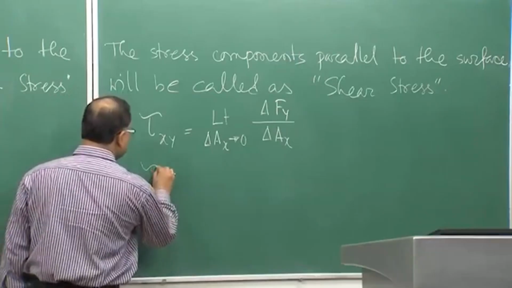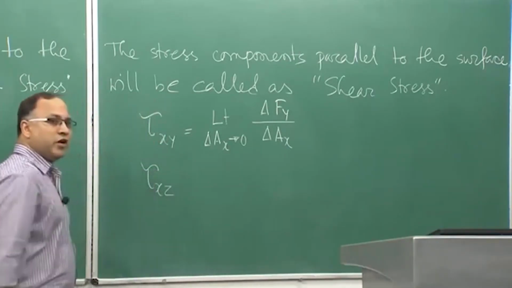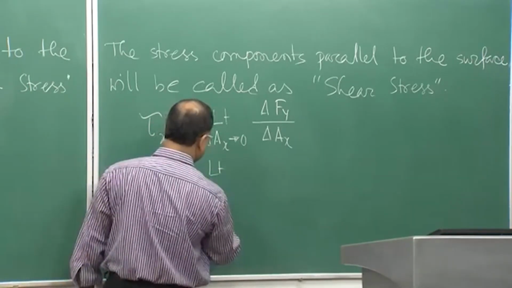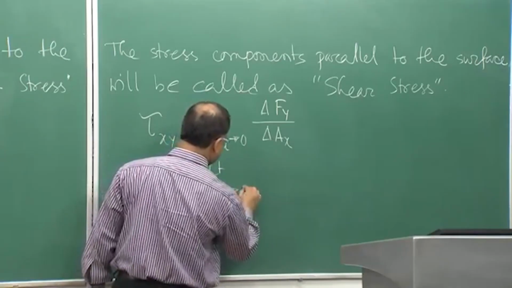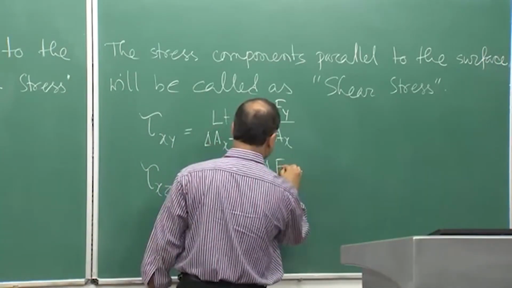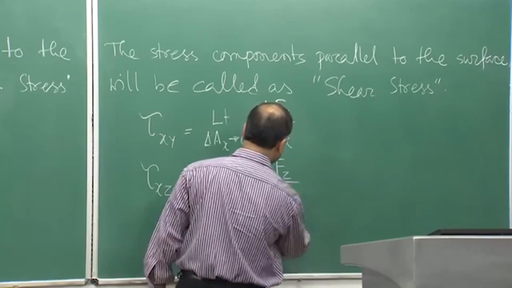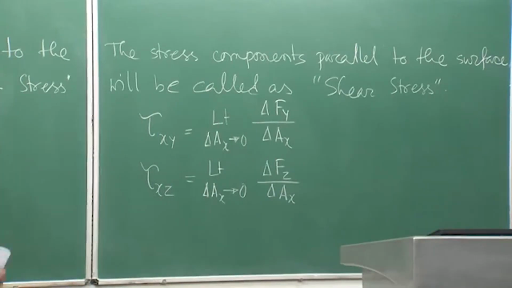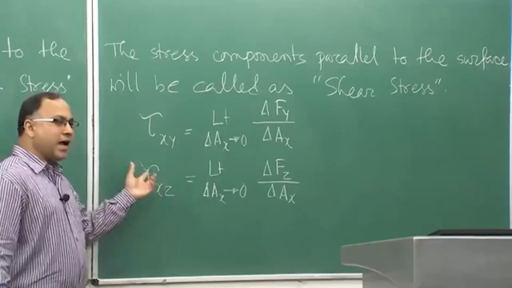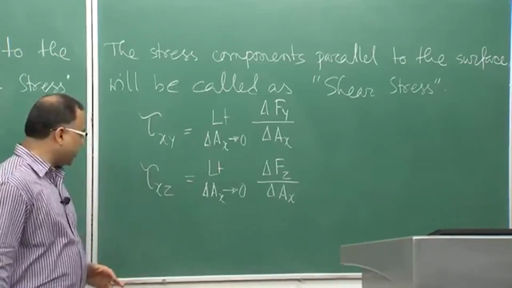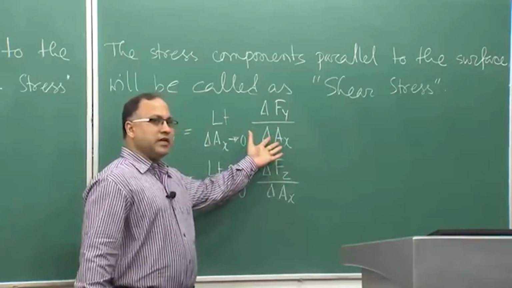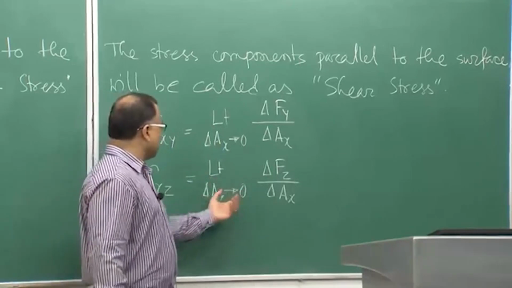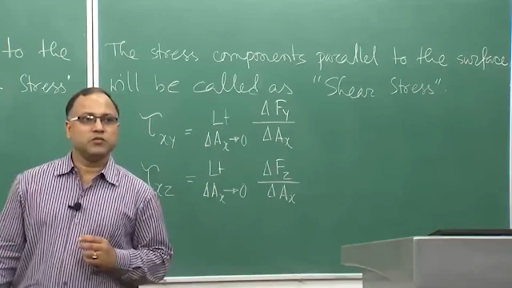Similarly, you will have another component of shear stress, that is tau x z, okay. So, tau x z means the shear stress acting on x plane along z direction, and that is defined by delta F z over delta A x, because delta F z is causing that shear stress, when delta A x tends to 0.